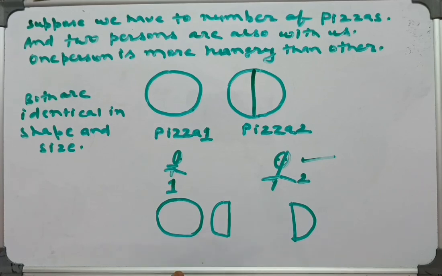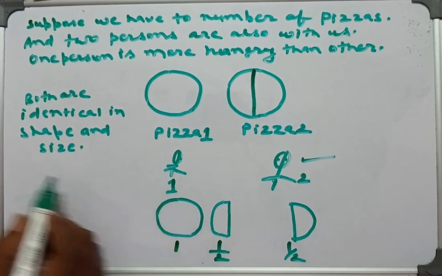If you don't know about a fraction, then kindly see my earlier YouTube uploaded video. The link is given in the description box for the concept of a fraction. Now see, in mathematics we write this portion as 1 by 2, this is also 1 by 2.